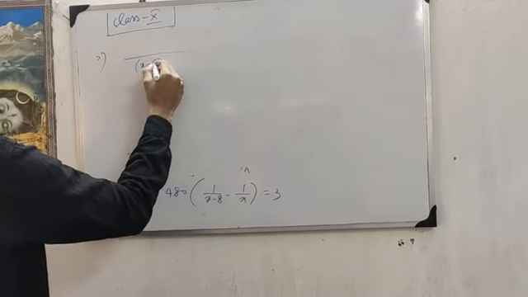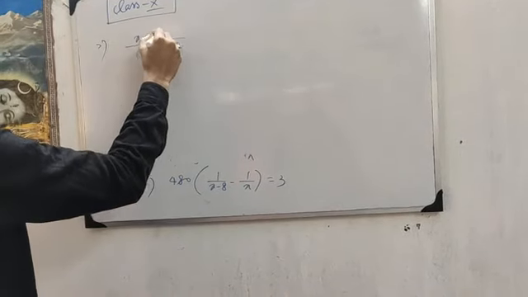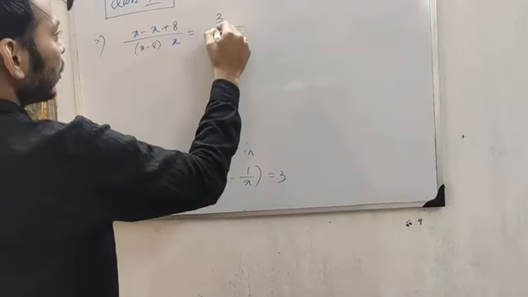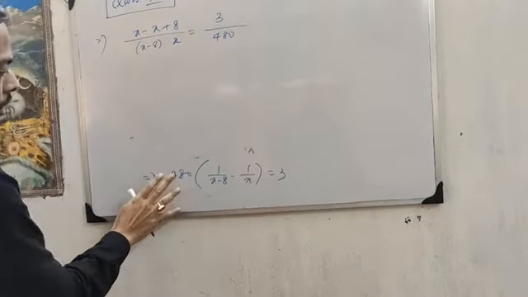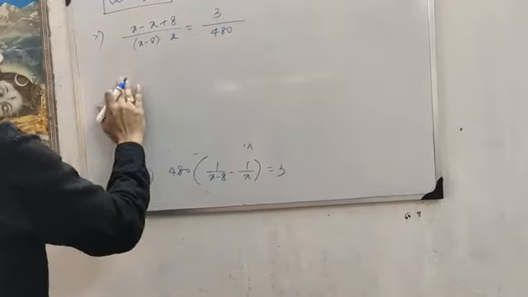For subtracting, the LCM is (x − 8)x, and the numerator will be x − x + 8.